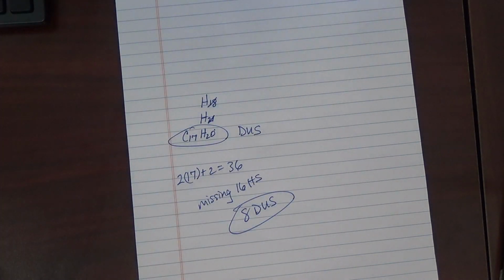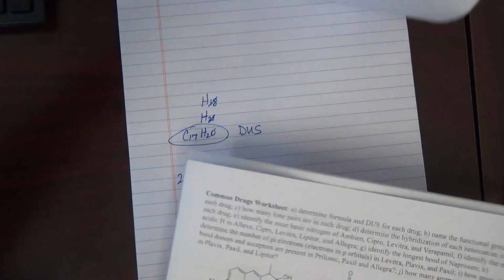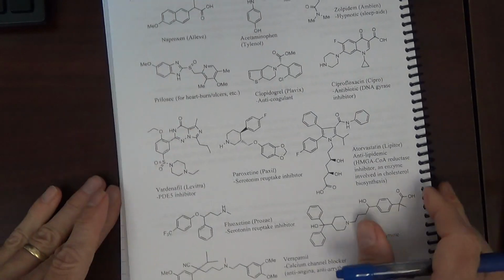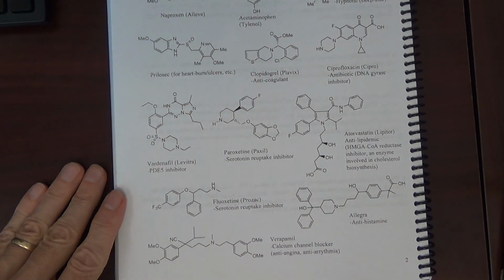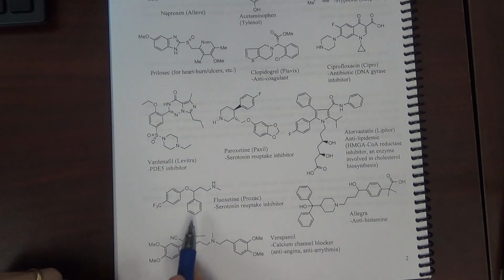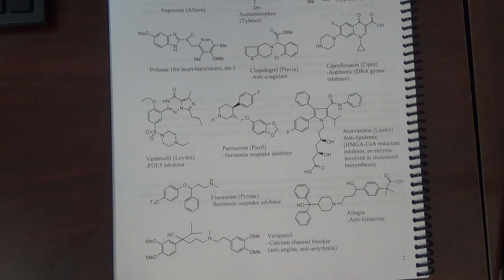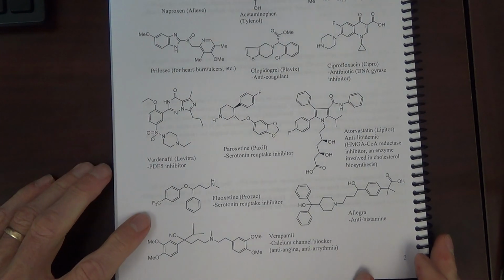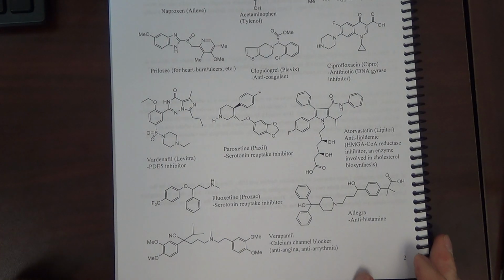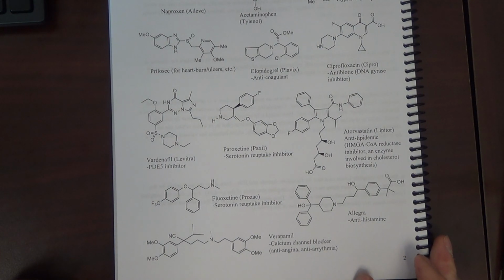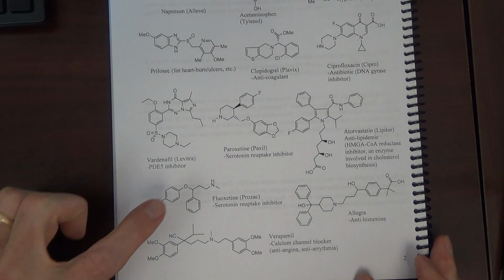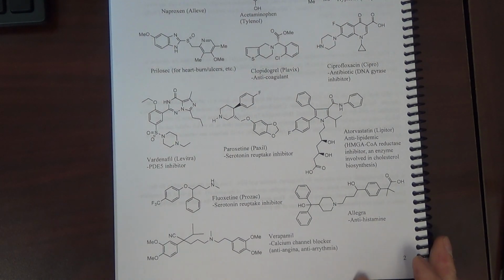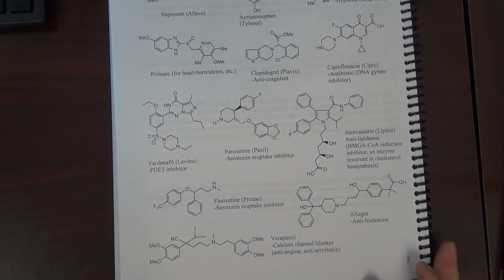Now we can look at structure. And the structure is here. And hopefully you see the 8 DUS. That is 6 double bonds and 2 rings. 6 plus 2 is 8 for the structure of Prozac.